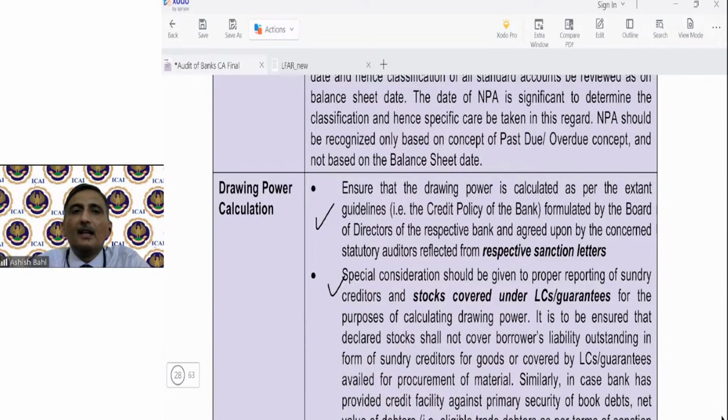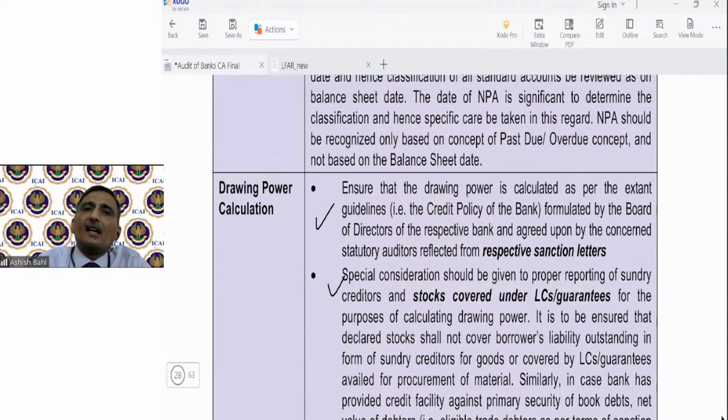So the auditors would have to check that drawing power is calculated properly in accordance with sanction letters. Whatever margin has been stipulated in the sanction letter, say a margin of 25%, while calculating drawing power the borrower has to deduct 25% margin from the value of stocks and book debts, as the case may be.